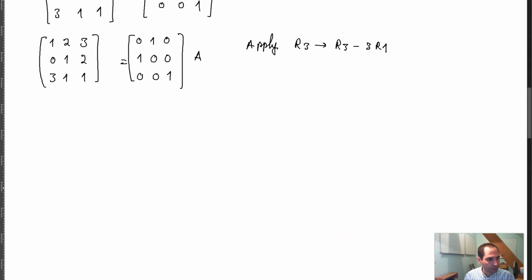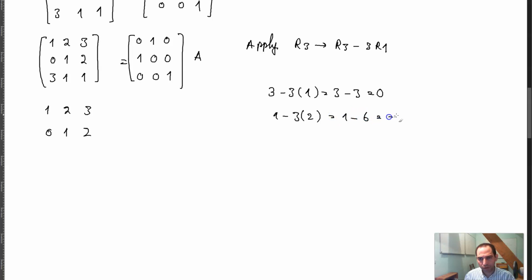So row 1 and row 2 remain the same, meaning I have [1, 2, 3; 0, 1, 2], and this row becomes 3 minus 3 times 1, which is 0, and 1 minus 3 times 2, which is 1 minus 6, equal to negative 5, and 1 minus 3 times 3, which is 1 minus 9, equal to negative 8.